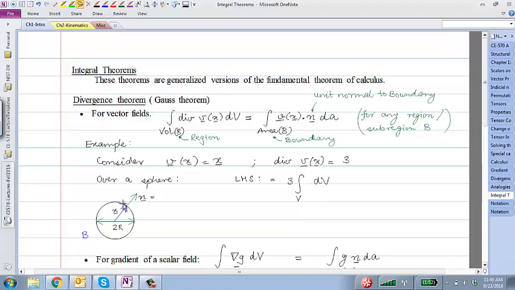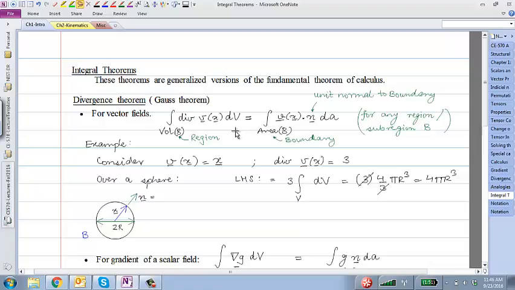What is integral dV for a sphere? The volume of the sphere, which is equal to 4 over 3 pi r cubed, and putting that factor 3 up ahead, cancel that off. I get 4 pi r cubed is the result of the left hand side of that divergence theorem.